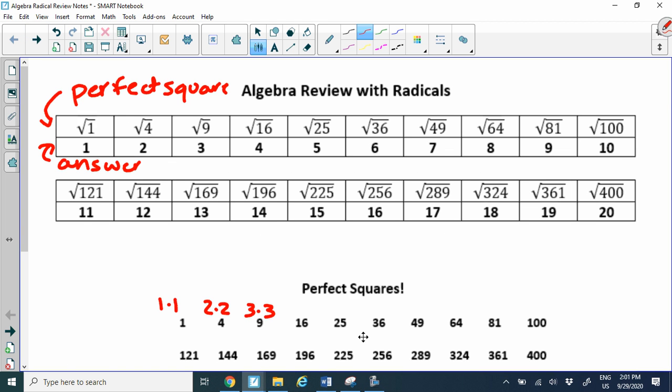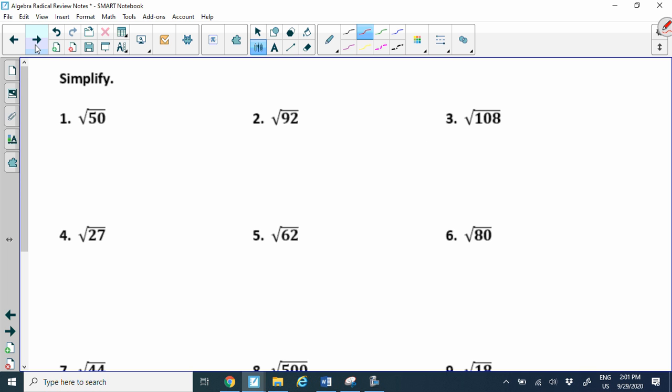So really we want to start, okay, we know it can't be 64, right, because 64 is too large. Well, then we have to think, can 49 go into 50 evenly? No. What about 36? No. 25? Yes. So 25 is our largest perfect square that goes into it.